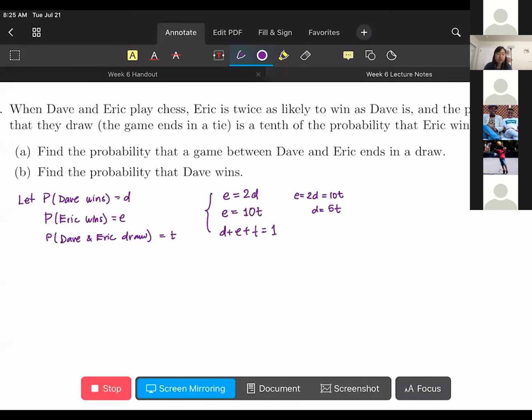So if we substitute everything in terms of T, which is what we want to find in part A, then we plug everything into D plus E plus T equals 1. Since D equals 5T, we have 5T plus 10T plus T equals 1. So this gives us 16T equals 1. So T equals 1 over 16.